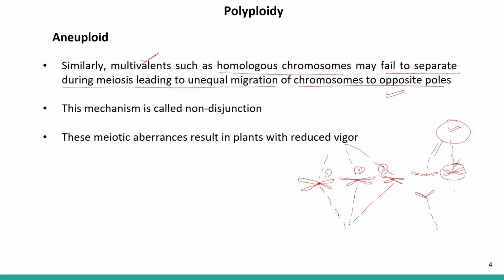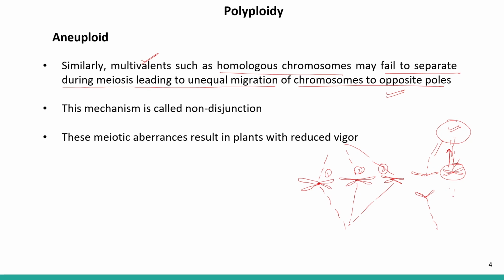I'm just taking 3 chromosomes here. The second one is moving towards this particular pole. Because the centromere does not divide here, this chromosome will move toward this side, or it can move to this side also. The spindle fiber moves this whole chromosome towards this particular nucleus, and the nucleus will form here, and this whole chromosome will be present in this nucleus.